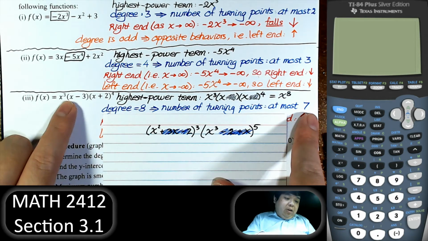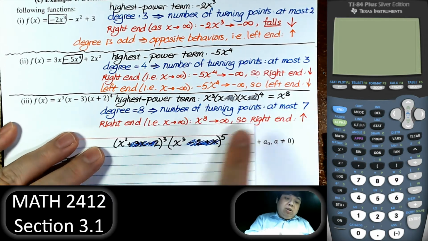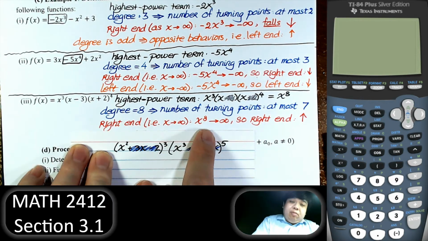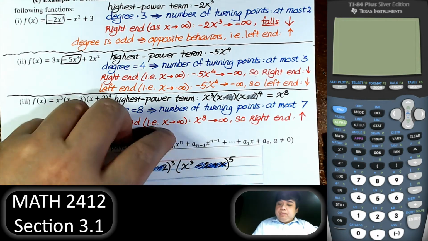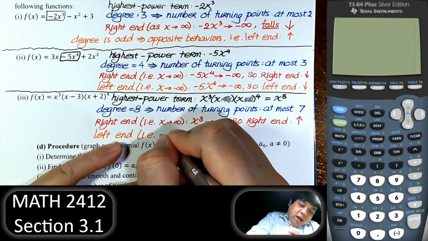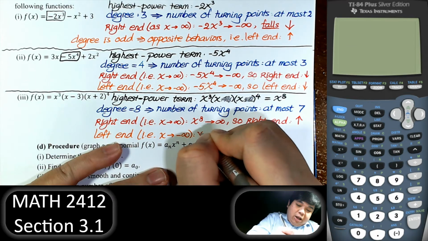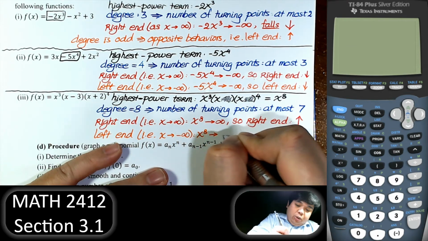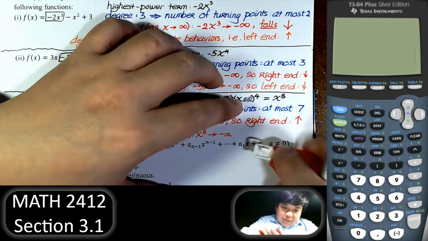Next, the end behavior. The right end, for that highest power term, when x goes to infinity, x to the 8 goes to infinity, so the right end goes up. When the left end, when x goes to negative infinity, x to the 8 goes to infinity.